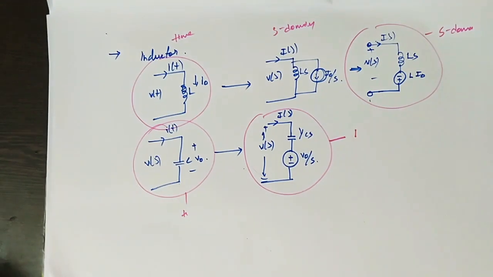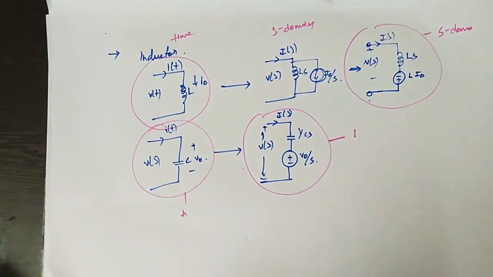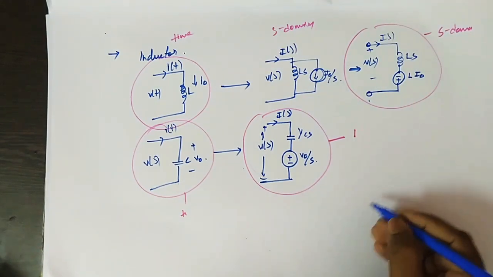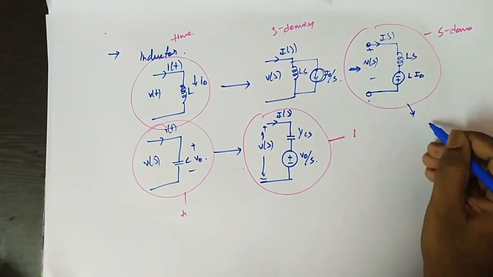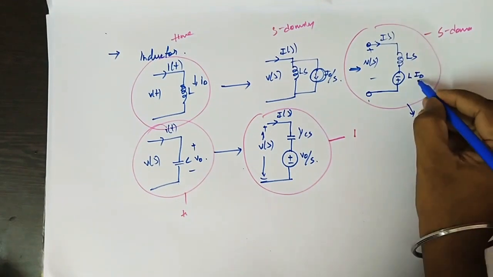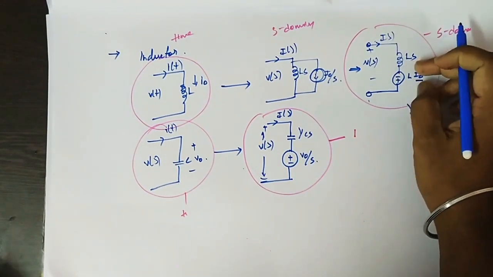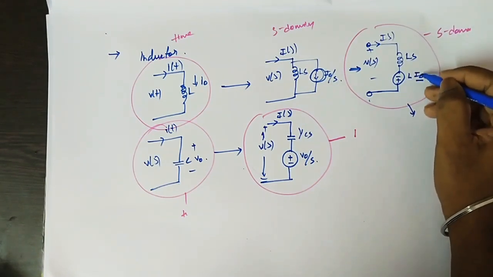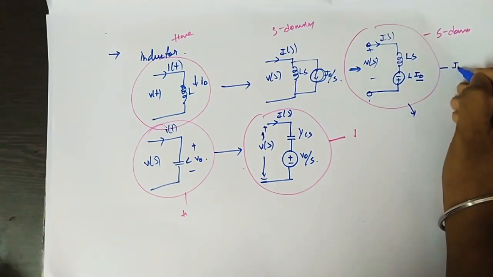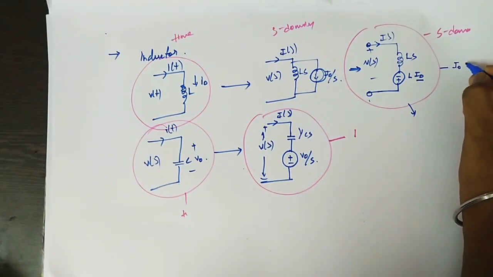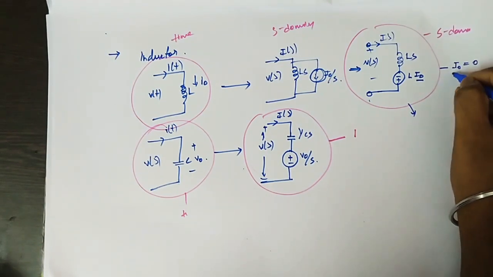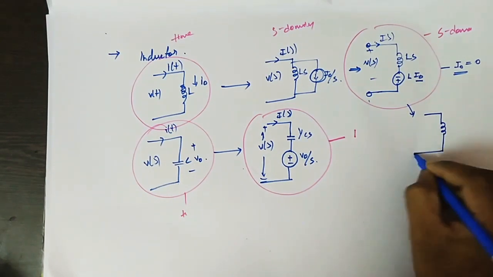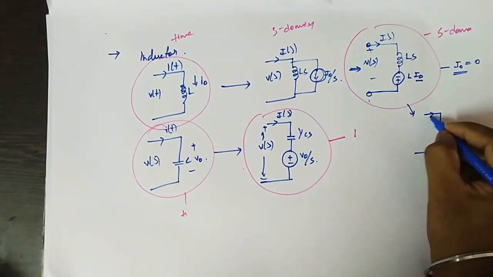Now if this internal voltage is 0, what happens? If voltage across any element is 0, it should be shorted. If initial current I naught is 0, this will be represented in Ls only.